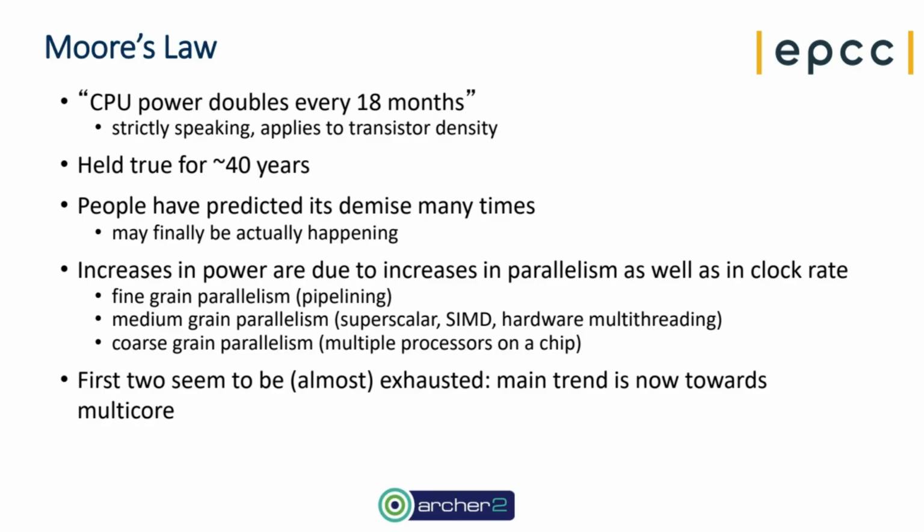And so we've gone from a handful of cores to the chips in ARCHER2, which are quite old now, but they have 64 cores. If you look at the very latest generation of AMD chips, we're getting like 144 or 196 cores on a chip.